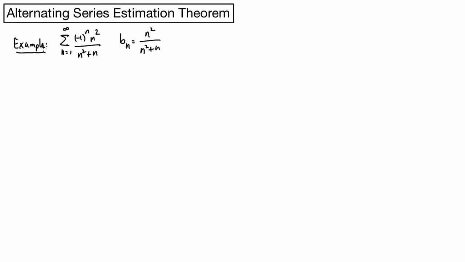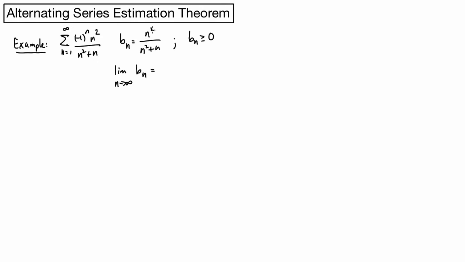And we need to check if it's positive and decreasing. So Bn is clearly positive. You can see here that since n is a value between 1 and infinity, then every one of these terms is positive. So the series as a whole is positive. That's good. What happens when I take the limit as n goes to infinity of the bn's?